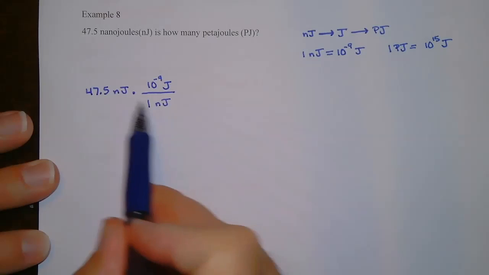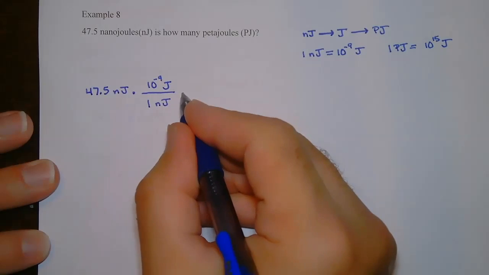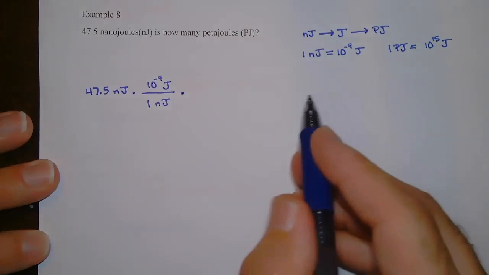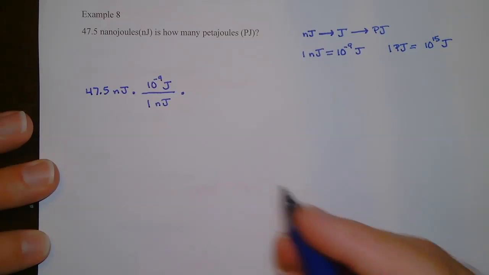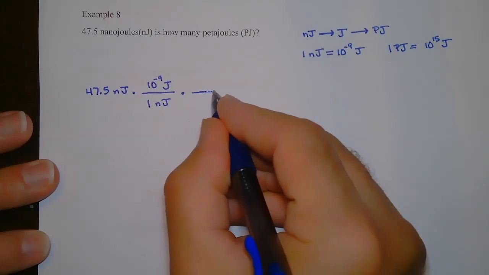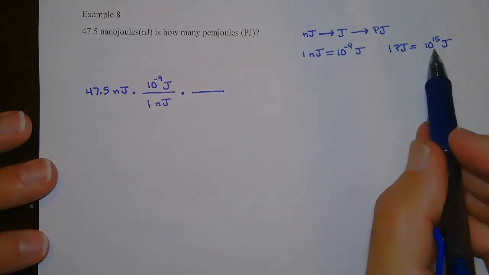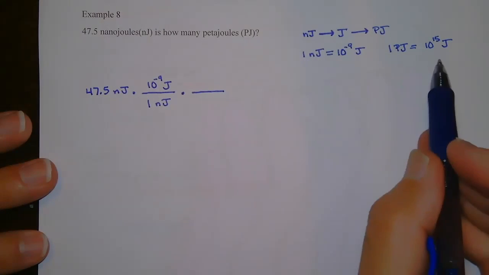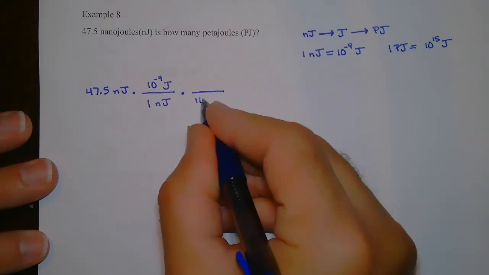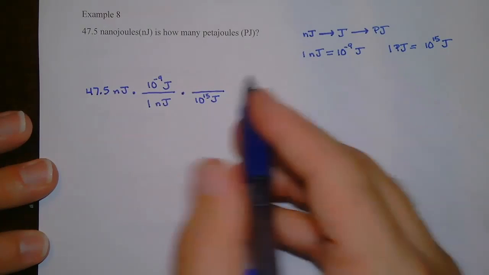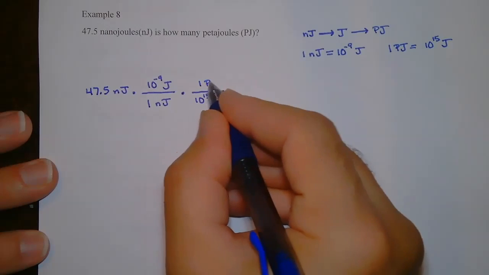So my nanojoules cancel here. Then I multiply by a conversion factor to go from joules to petajoules: I put 10 to the 15th joules in the bottom, and 1 petajoule on top.